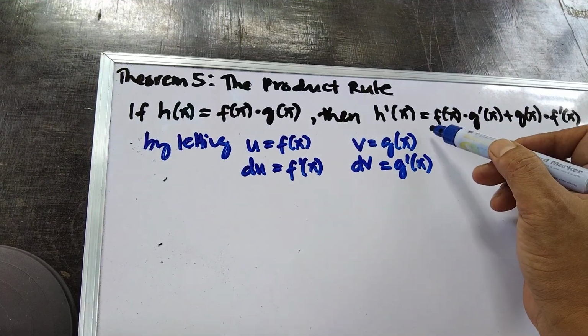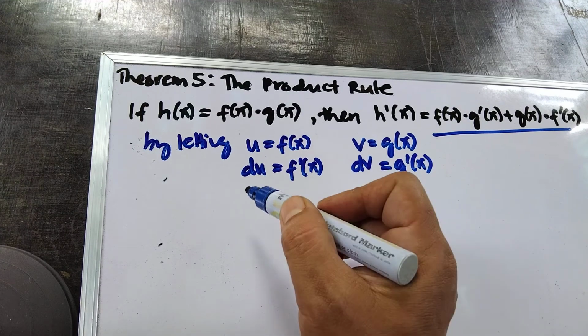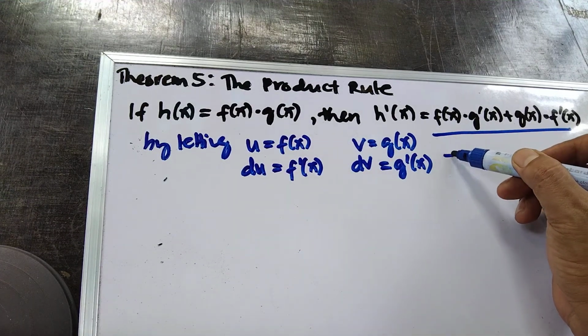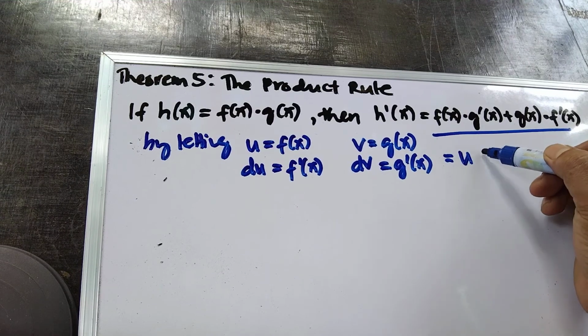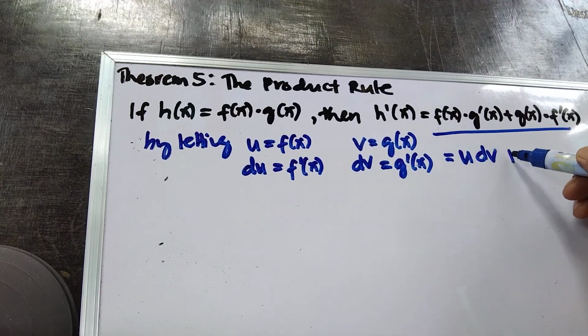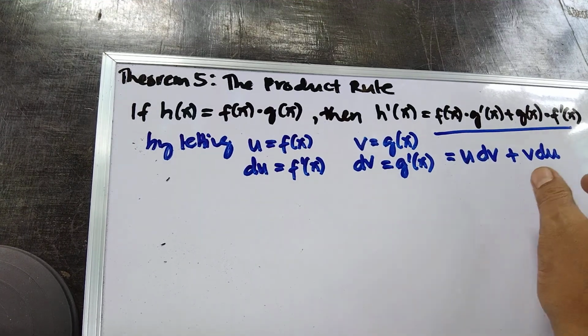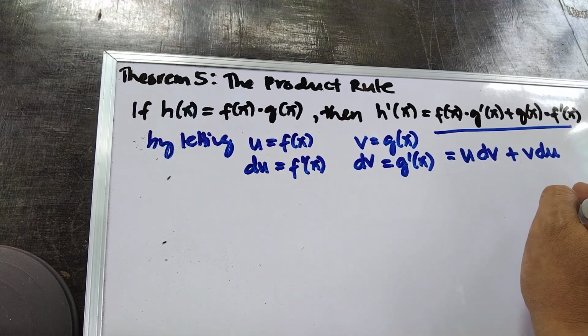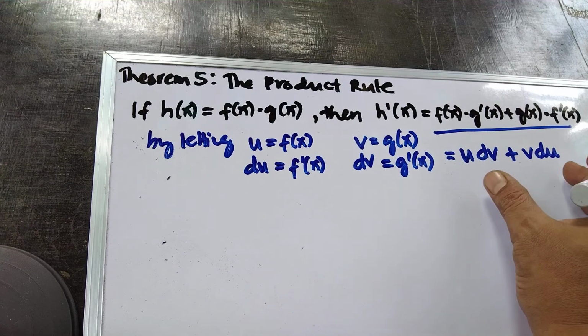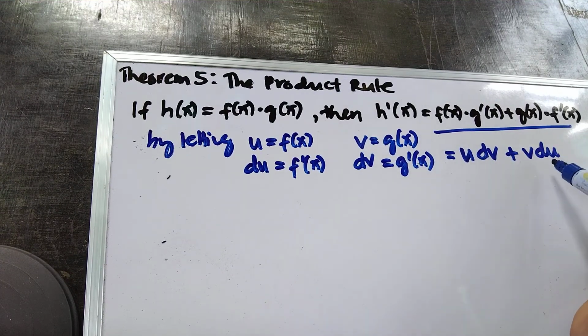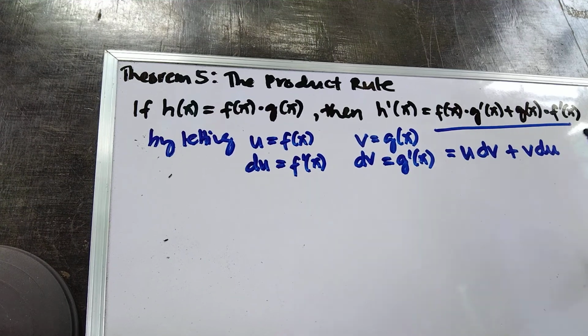So instead, this can be written as u dv plus v du. If you'll be asked to find the derivative of the product rule, just think of this, u dv plus v du. Okay?